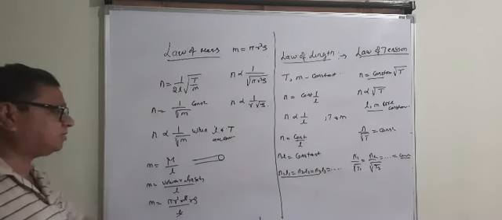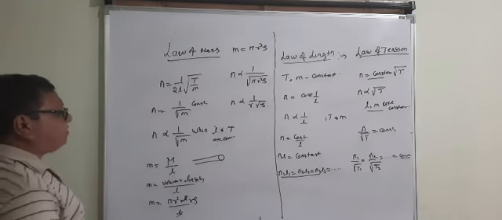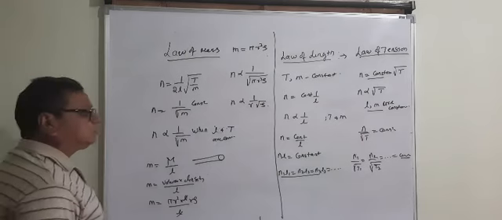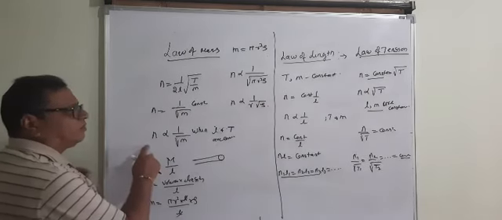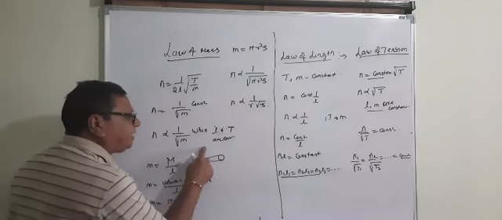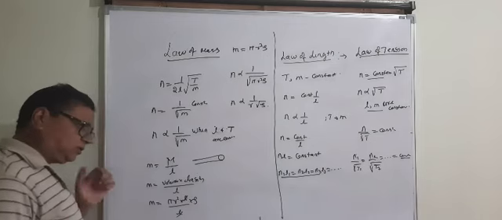If you simplify, the law of mass can also be stated: first statement, the fundamental frequency is inversely proportional to the square root of linear density when length and tension are kept constant.